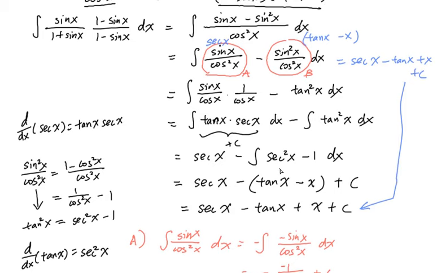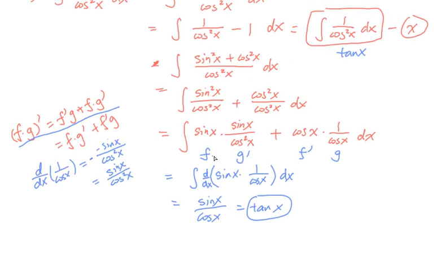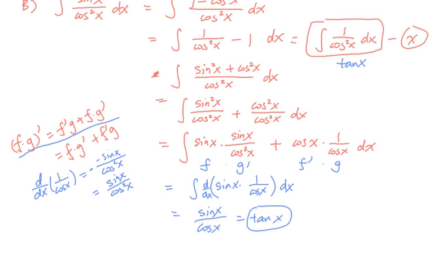When we went from tangent square to secant square, and then from secant square to tangent, what we were actually doing in part B below is trying to prove that the antiderivative of secant square is equal to tangent x, and it does involve this product rule of differentiation, which is quite bizarre.